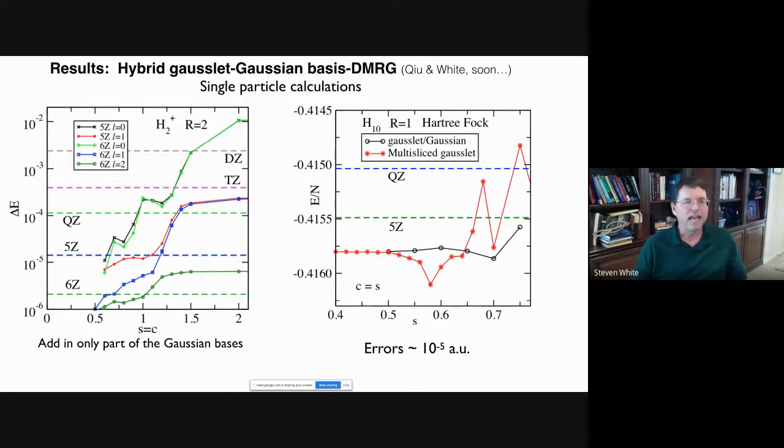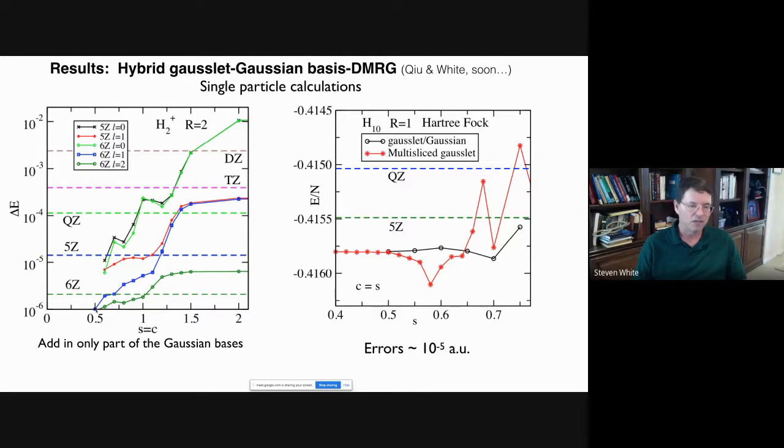So here is H2 plus. And this is showing, first of all, we have all the different pure Gaussian basis sets as the dashed lines. Okay, and then we can add in not the full Gaussian basis set, but just say the S functions or the S and P functions specified by some maximum angular momentum. Okay, and so eventually, as we add our functions, this controls the spacing.